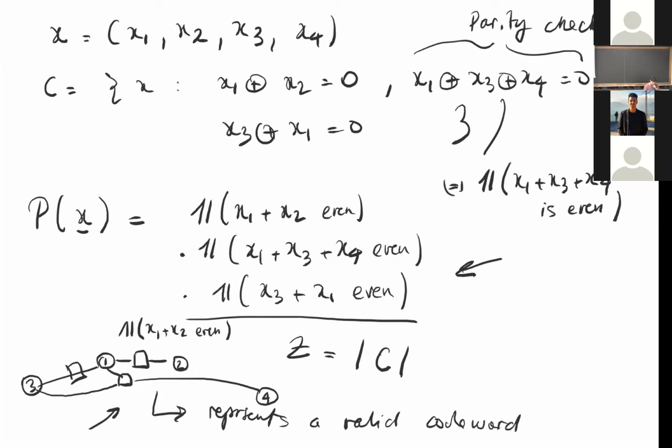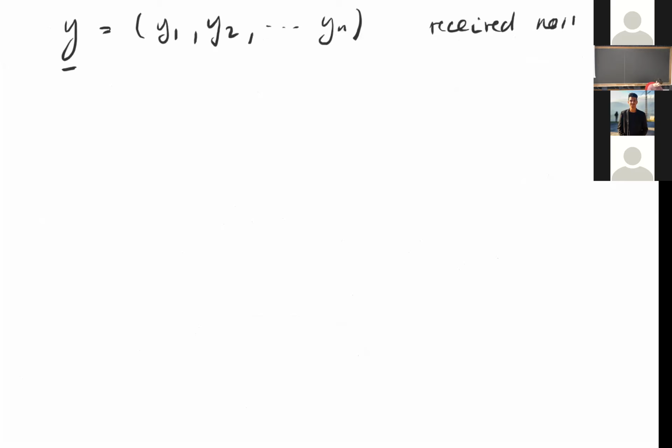But now, the question I ask you is, if you receive at the receiver side a series of bits, let's say in general y1, y2, until yn, this is the received noisy code word, can you try to guess what is the probability that the code word X has been sent?